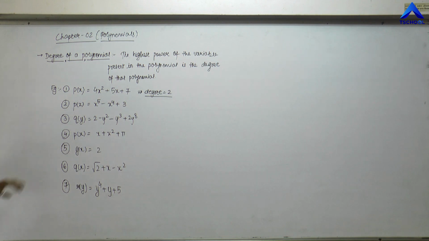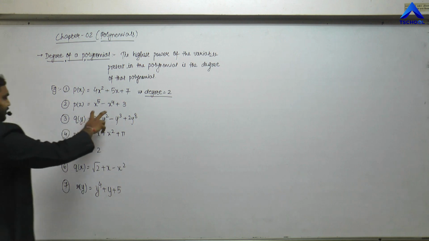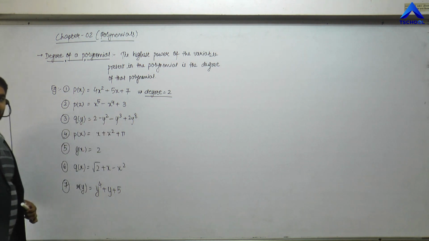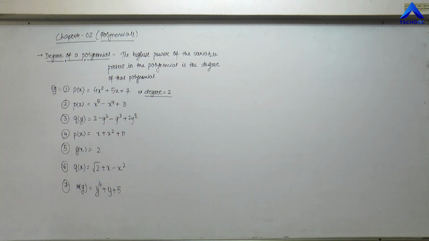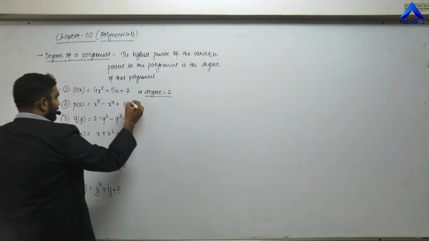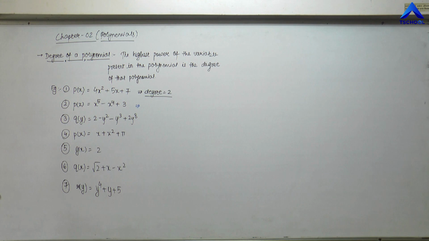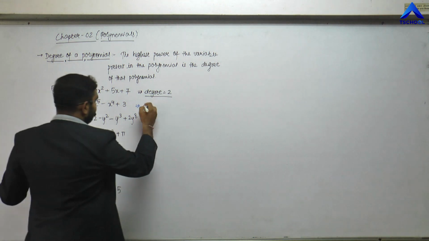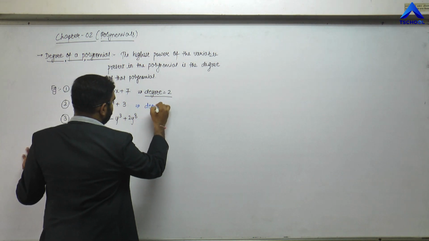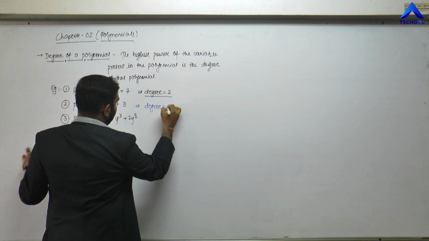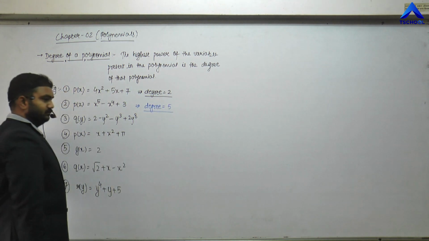Here in the second example, what is the degree of the polynomial present in this variable? First of all, we shall look for the terms present here. There are only 3 terms present, and in these terms the highest power is 5. So the degree is equal to 5, right?